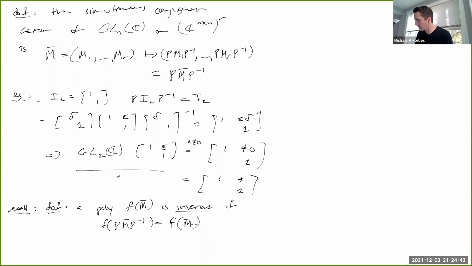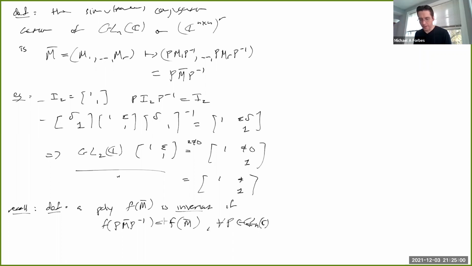So when you conjugate the formal variables with some matrix P, for all P in GLn, it doesn't change at all.